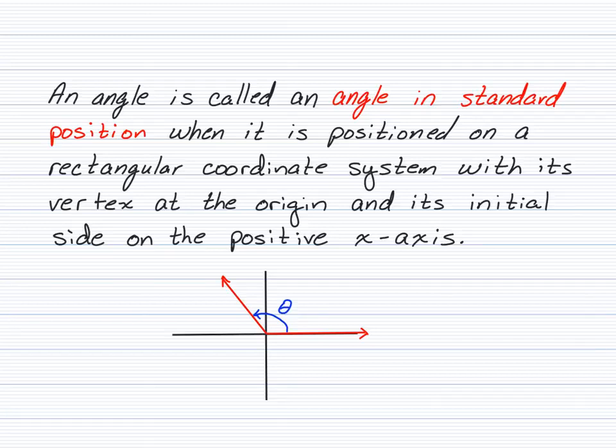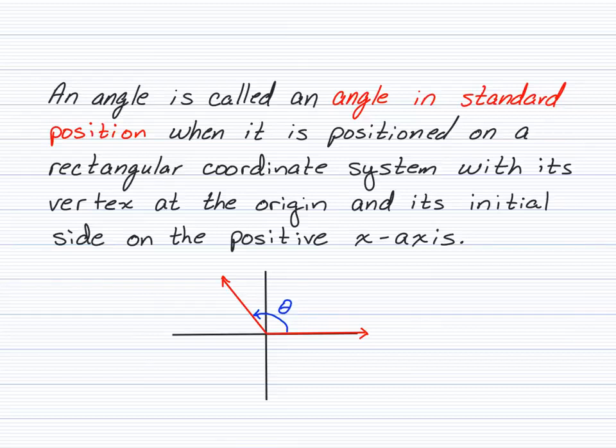Now, an angle in standard position. An angle is called an angle in standard position when it is positioned on a rectangular coordinate system with its vertex at the origin and its initial side on the positive x-axis.